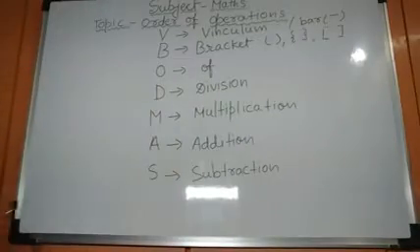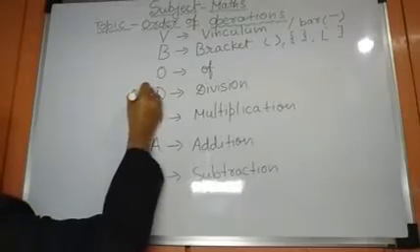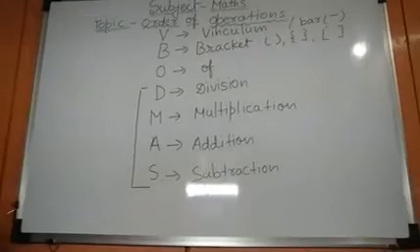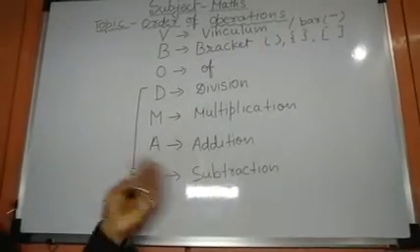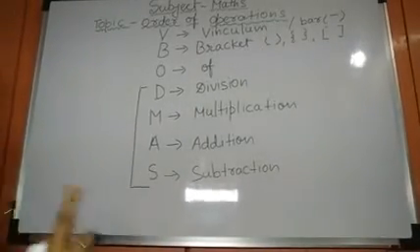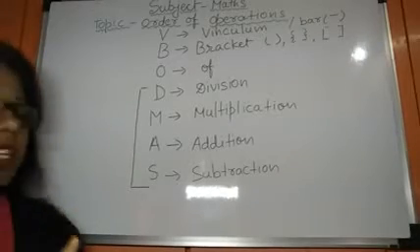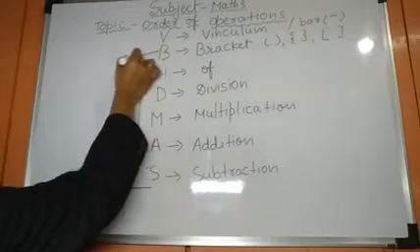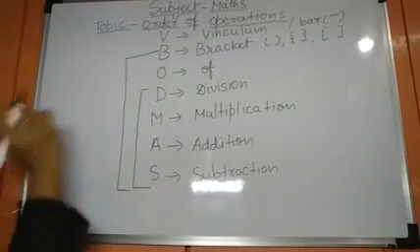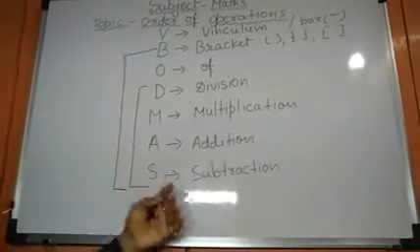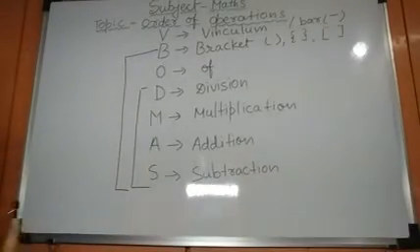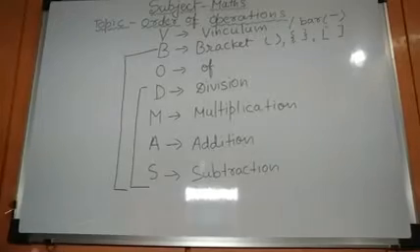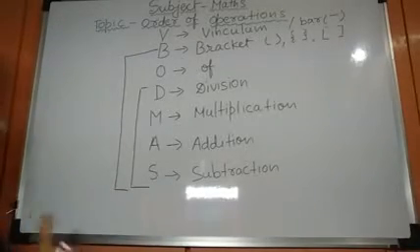So see, in primary level, we know about DMAS. D stands for division, M stands for multiplication, A stands for addition, S stands for subtraction. When we go to higher classes, we know about BODMAS, that is B stands for bracket, O stands for of, D for division, M for multiplication, A for addition, S for subtraction.